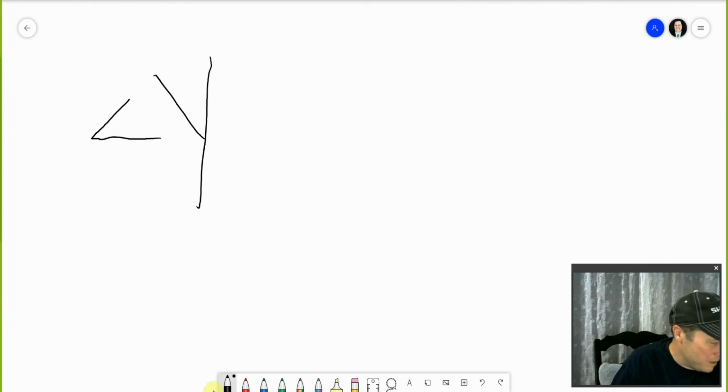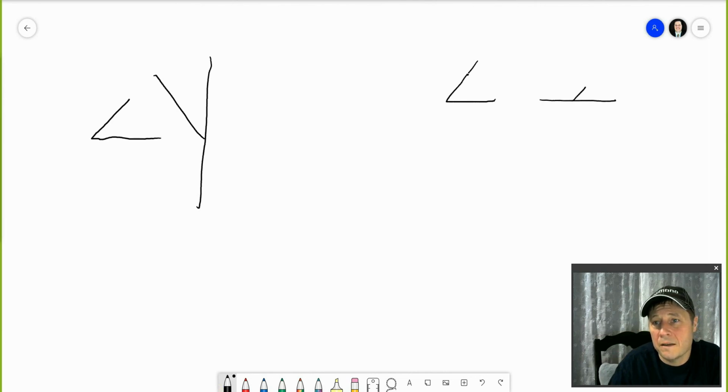Okay, so principle 5 says that two angles are either equal or supplementary if their corresponding sides are perpendicular. Just a moment ago, we dealt with this and this, right? Parallel to each other, parallel to each other.